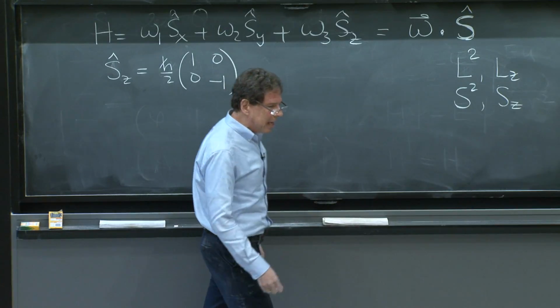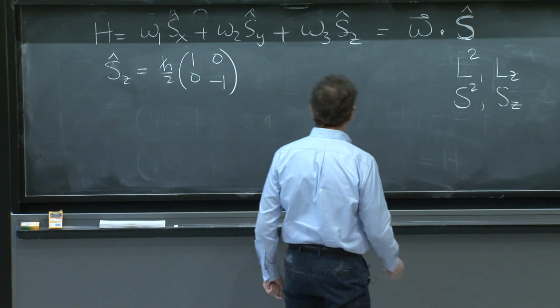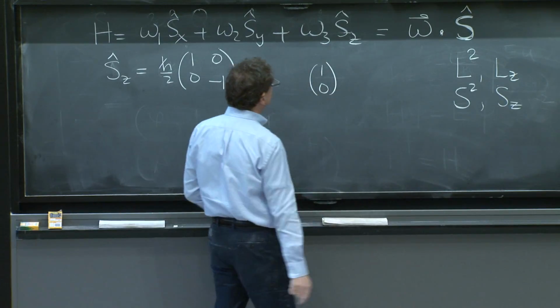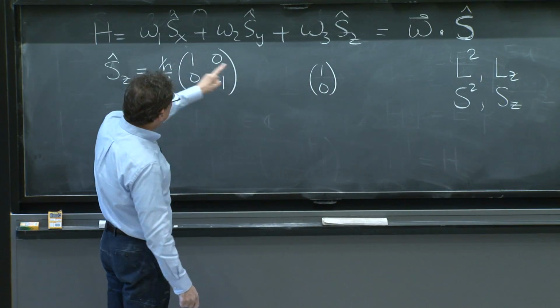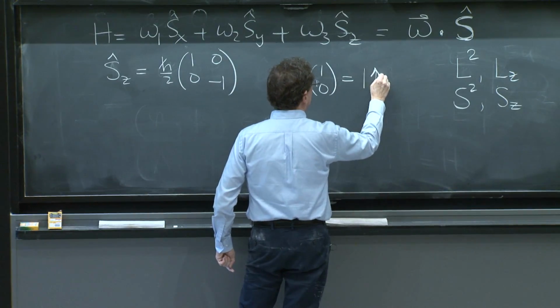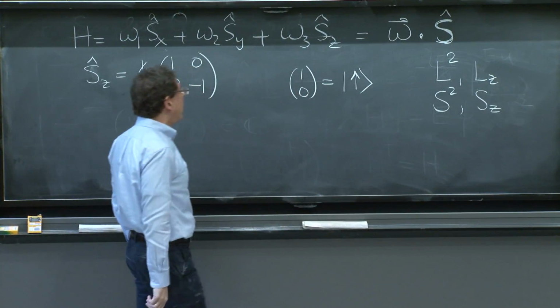I have one state, I don't know how I want to call it. I'll call it (1, 0). It's one state, and that's an eigenstate of it. We'll call it, for simplicity, up. We'll see why.